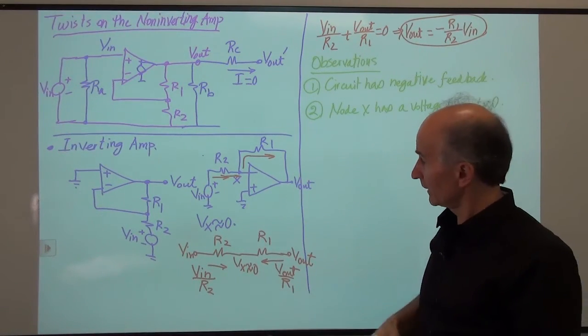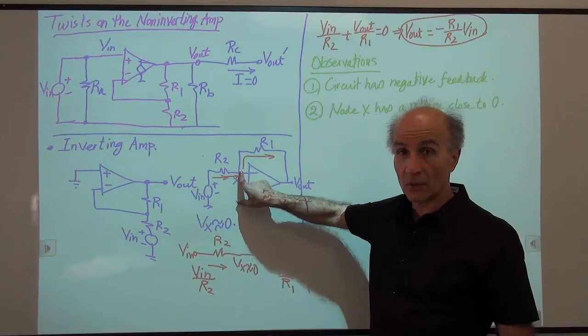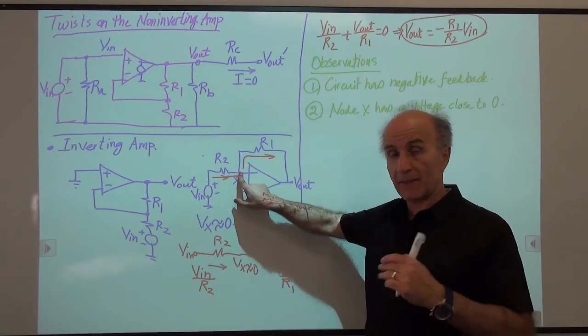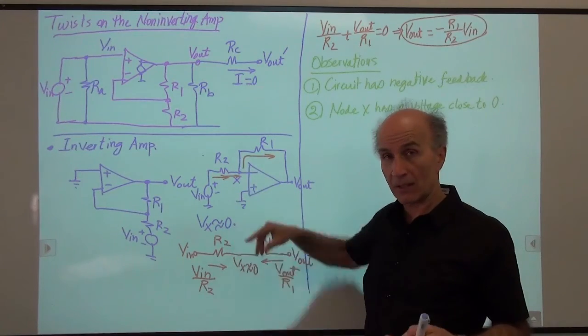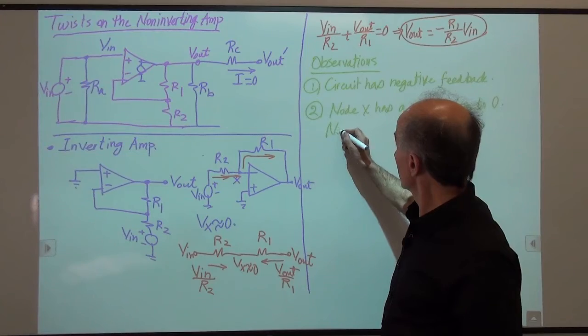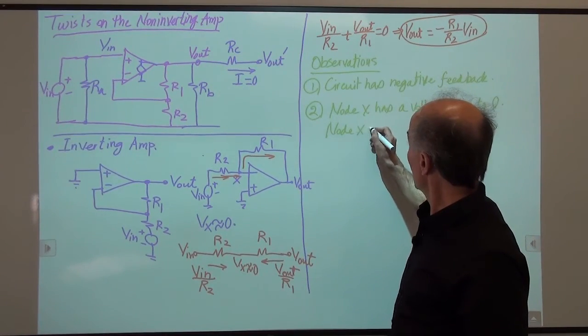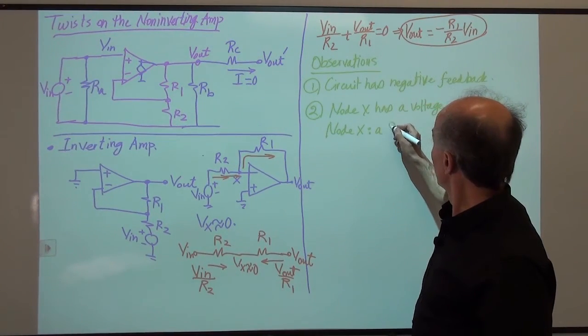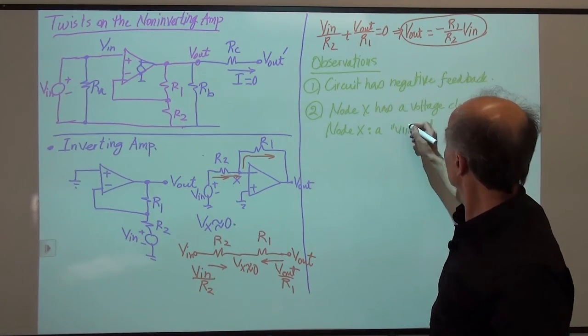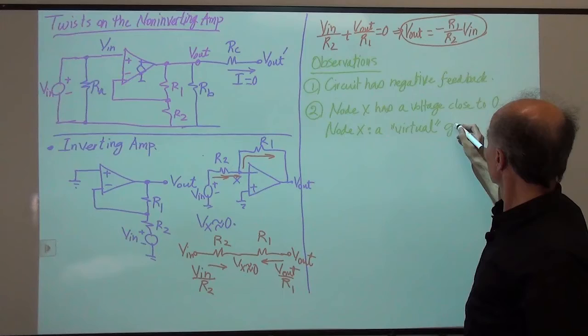We decided that because this side is 0, this side is also close to 0. So we have a name for node X, and that name is very common in analyzing op-amp circuits. We say node X is called a virtual ground.